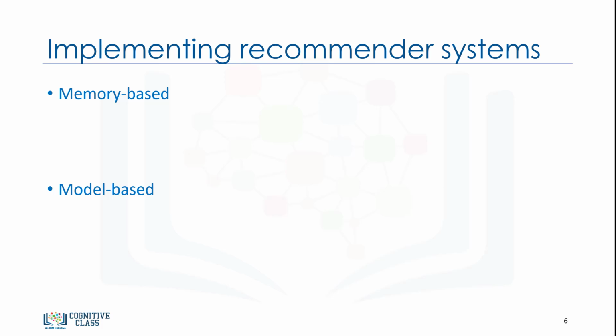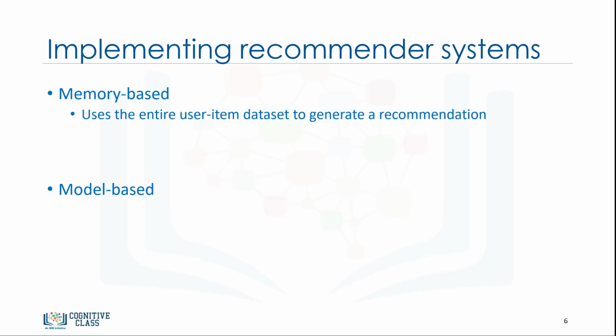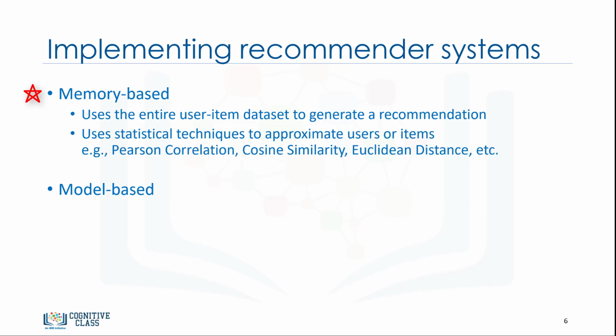In terms of implementing recommender systems, there are two types: memory-based and model-based. In memory-based approaches, we use the entire user item dataset to generate a recommendation system. It uses statistical techniques to approximate users or items.